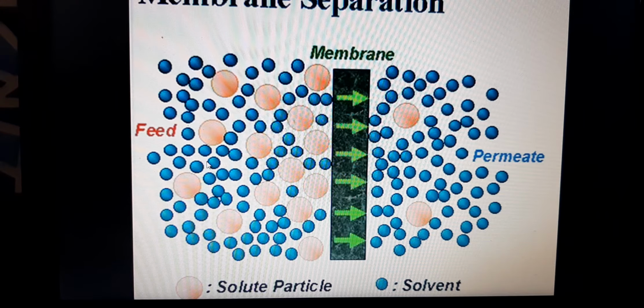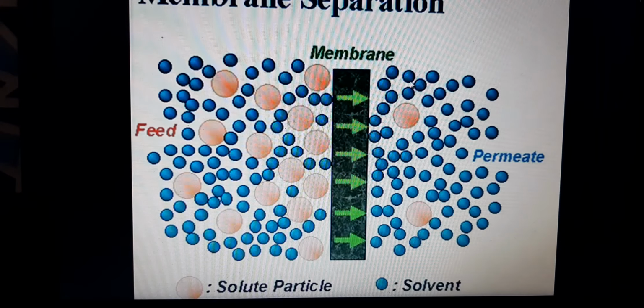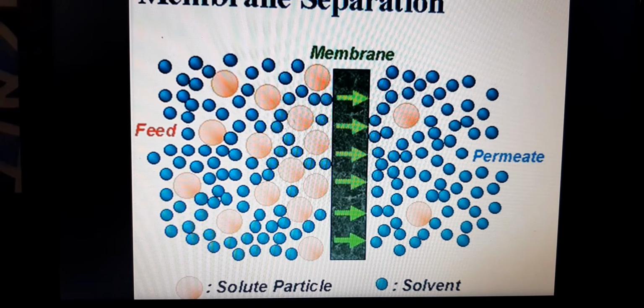The solvent is nothing but the water, and in this water the solute particles which are harmful to the user can be filtered by this membrane. As I told in the last slide, the membrane acts as a barrier, and through this barrier it separates them from the water.